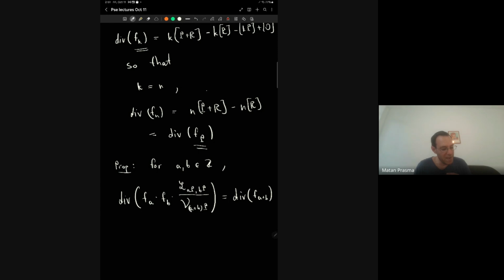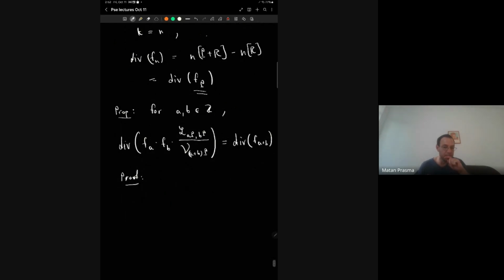Okay, it's a very nice relation between the various FKs, using the line and the horizontal and the vertical lines. So let's see how it goes. And the proof is very easy. You just unravel.